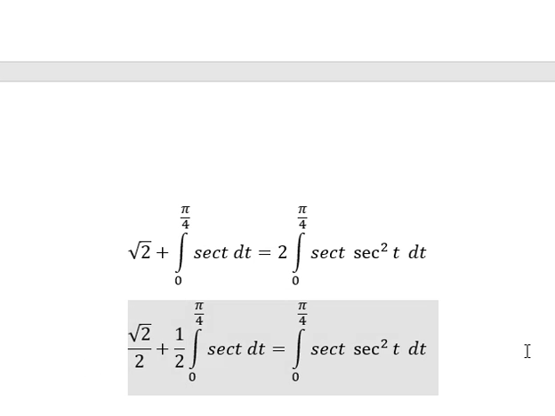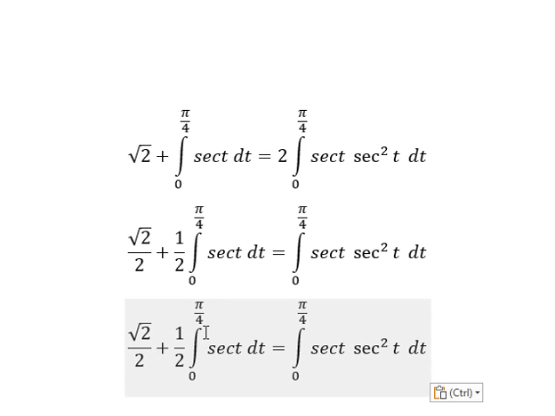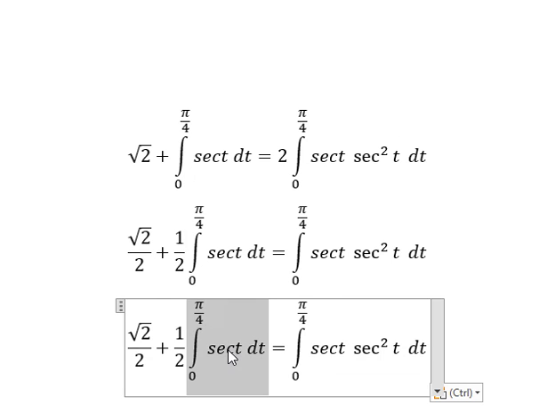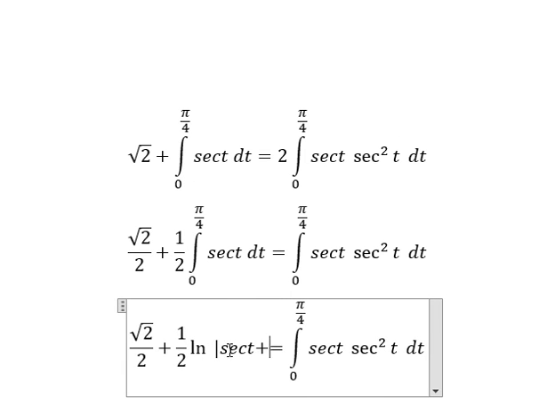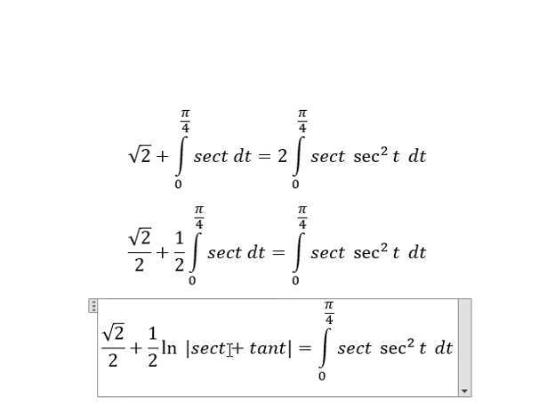So the integration of this one, we have ln of the absolute value of secant of t plus tan t, and we put the bounds from 0 to pi over 4.